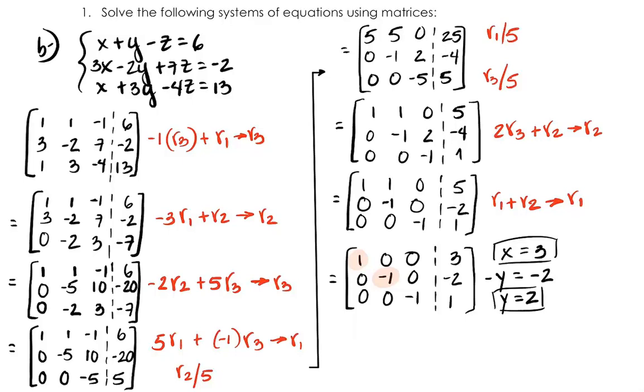And the z coefficient is negative 1, so we can say that negative z equals 1, which is the same thing as saying that z equals negative 1. So the solution to the system is x equals 3, y equals 2, and z equals negative 1.